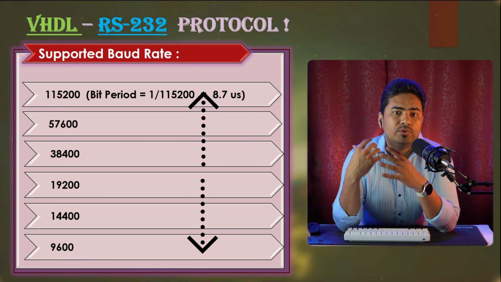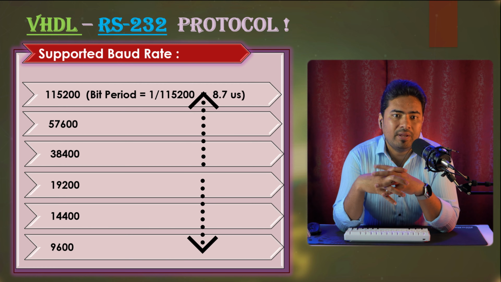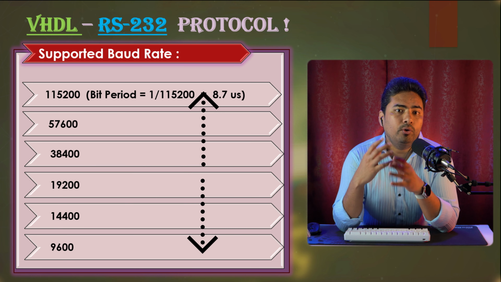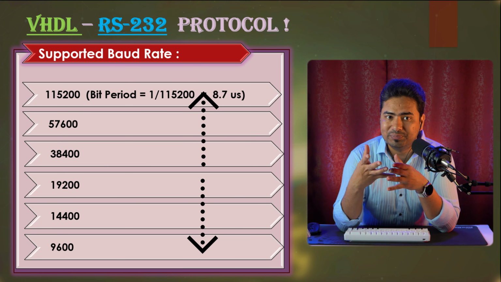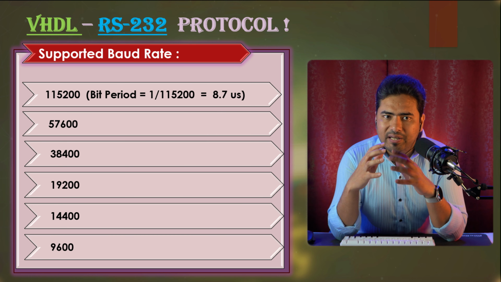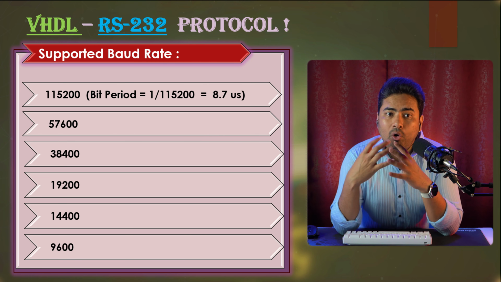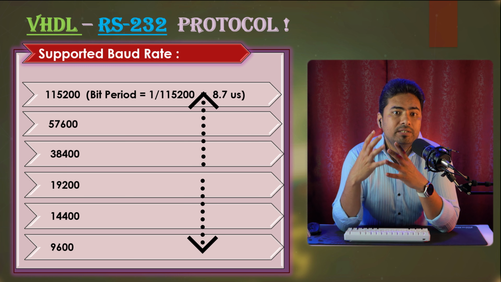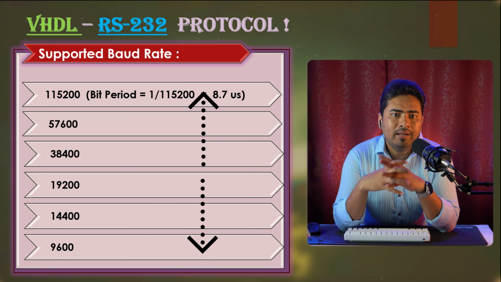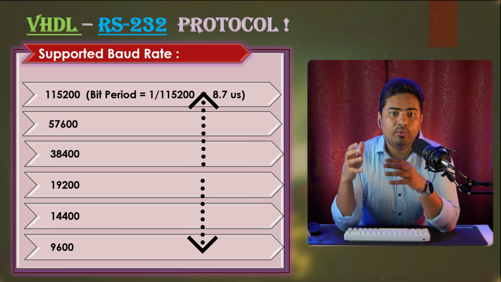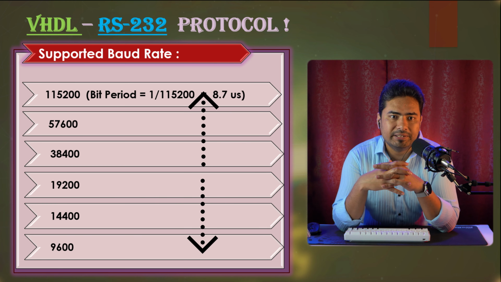In the same way, you can choose any baud rate from this list, and accordingly, you can calculate your bit period for your transmission. Now, it is important that you can only select a baud rate from this supported baud list only. This is the RS232 standard, and you cannot go beyond these protocol standards.